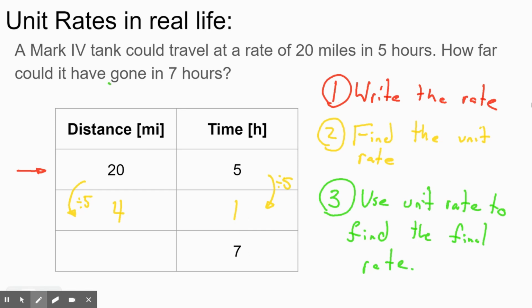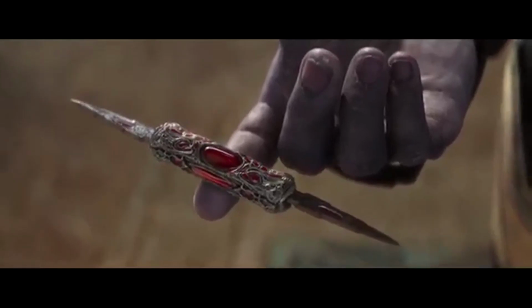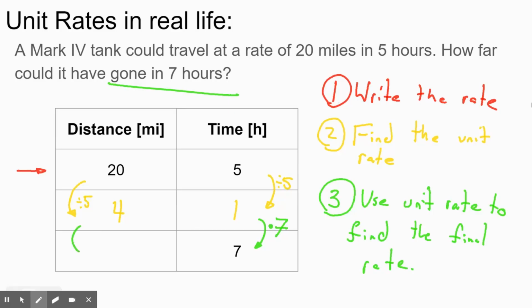We saw that up here. So we need to think, what can we do to 1 to get a 7? Well, we could add 6, but when we're dealing with rates and ratios, if we added 6 over here, it would no longer be an equivalent ratio. So instead, we could multiply this by 7. Again, to keep things perfectly balanced, we need to do the same thing to this side.